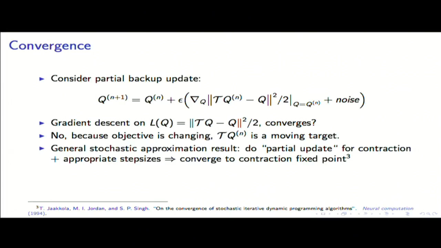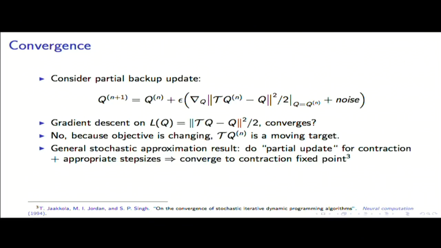But there's a really nice proof of this in the paper by Jaakkola, Jordan, and Singh on the convergence of stochastic iterative dynamic programming algorithms. They provide a pretty general result, which is used to prove a lot of these convergence results.